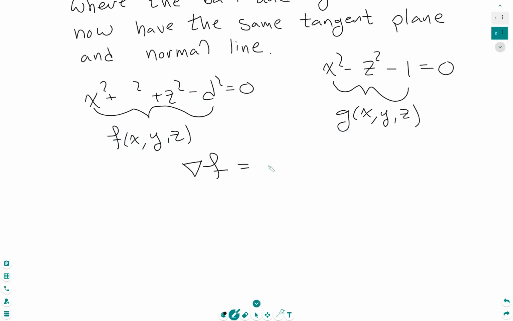And we call this constant lambda. So their normal lines are parallel with one another. They just might have a different magnitude, so we throw in this scale factor. This right here is our first building block of using Lagrange multipliers.